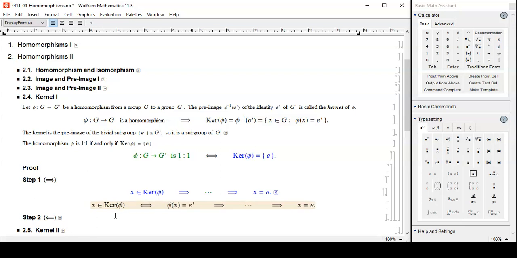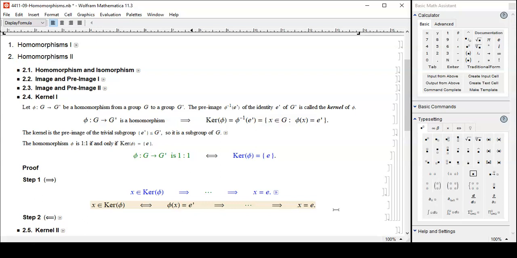So this one here, x belongs to kernel, means phi of x is e prime. Those are the same. Now somehow connect this and that using phi is one-to-one. Somehow.